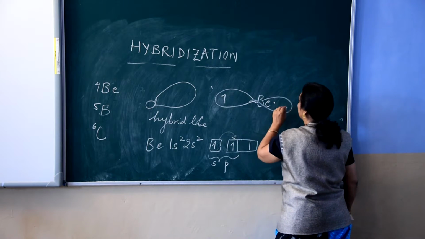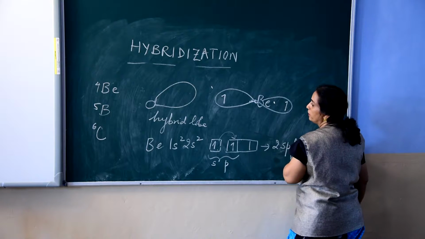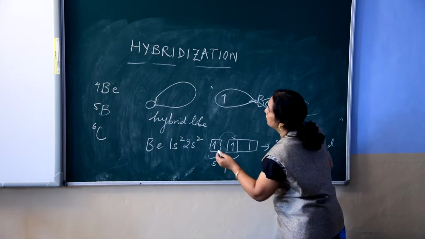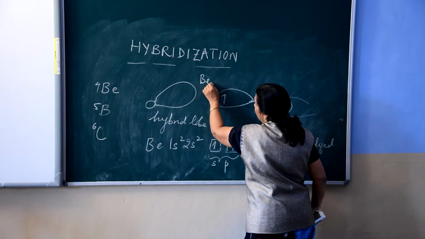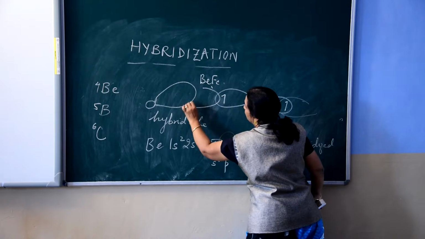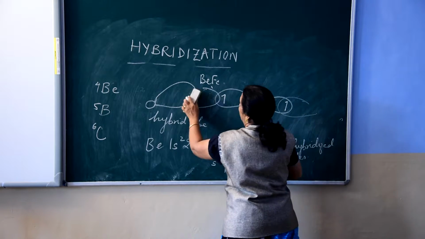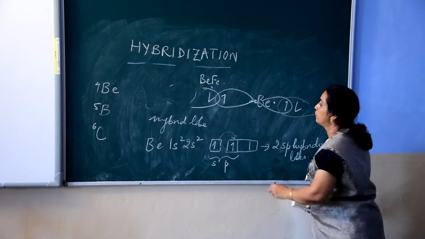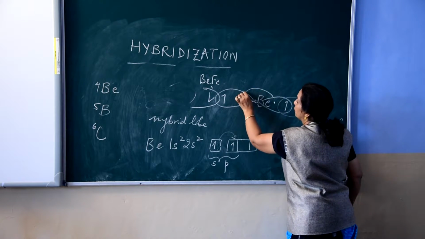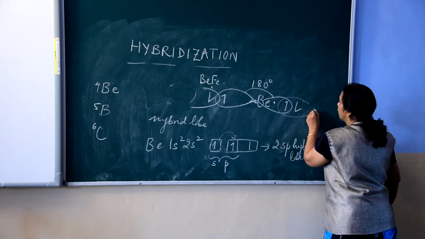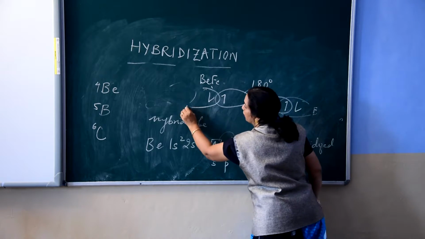There is 1 electron here and 1 electron here of beryllium, and with the other atoms, if we form BeH2, BeF2 or BeCl2, the electrons will form a bond this way, contributing 1 electron here and 1 electron here, and the bond angle over here will be 180 degrees. Fluorine will contribute from this side and from this side.